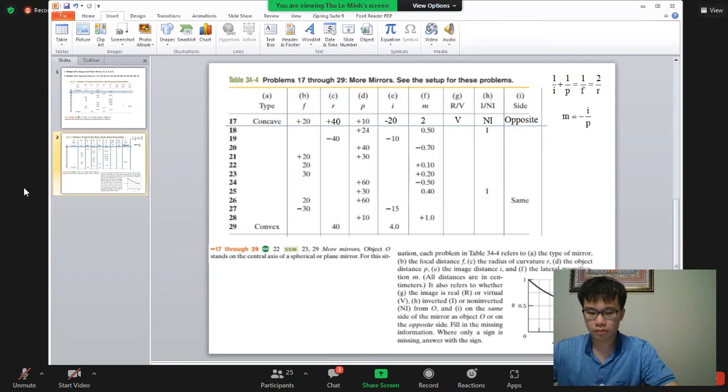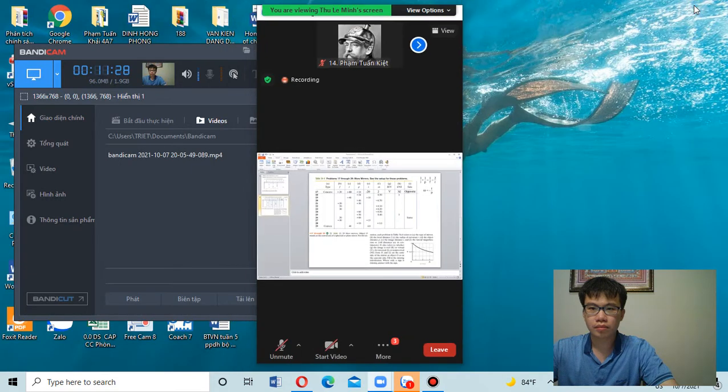Lateral magnification depends on I and P. You should not explain it at length. You only need to tell us when the image and object are in the same direction, and when they are in opposite directions.